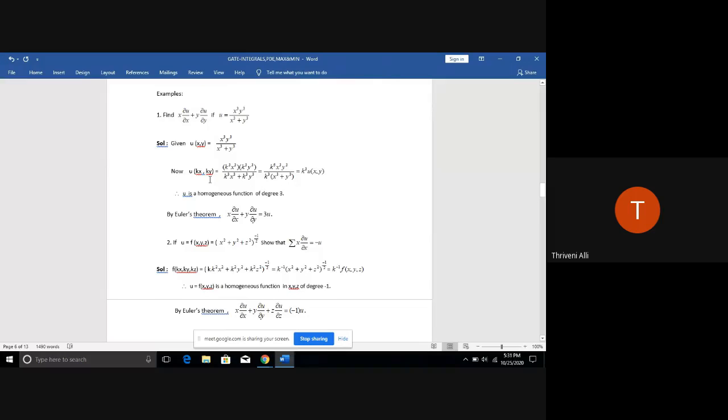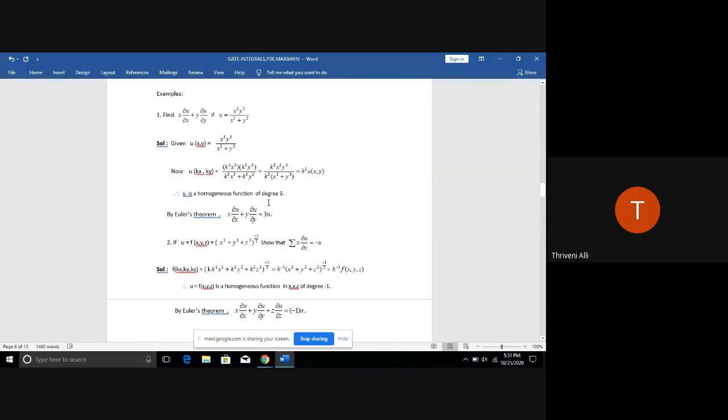Replace kx in the place of x and ky in the place of y. By taking constants common in both numerator and denominator, and cancelling, we get k³ into u. Again u is repeated here. So what is the n value? 3. 3 means k³, k power n. Here n is 3.